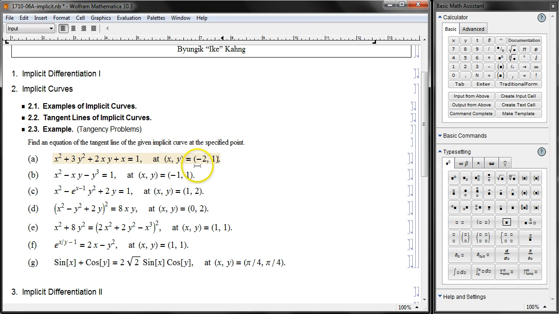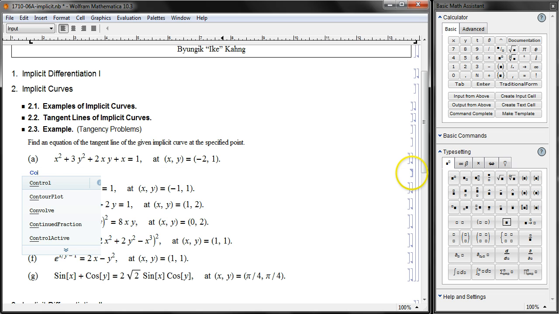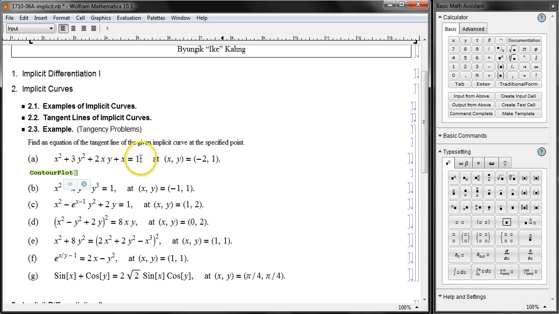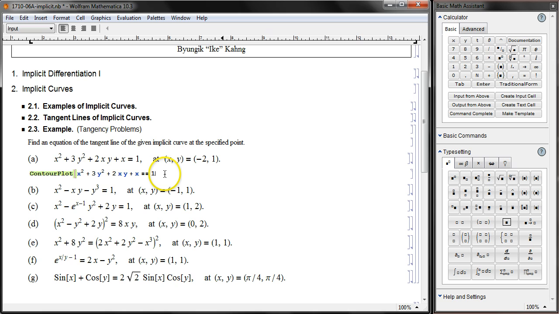The point is negative 2 comma 1. Don't pay too much attention to the mathematical code here.